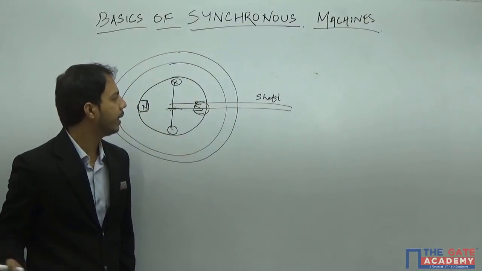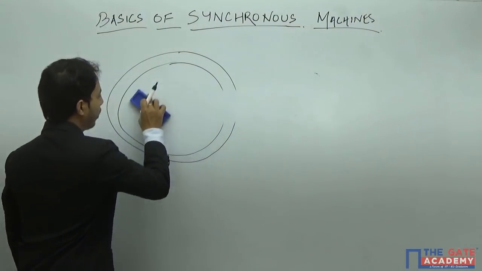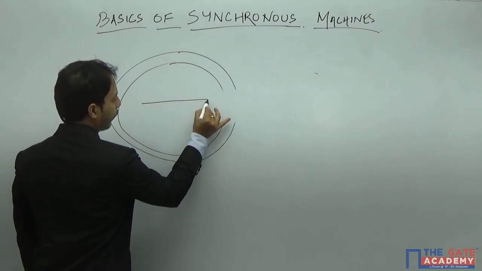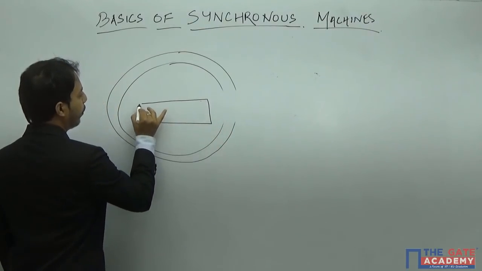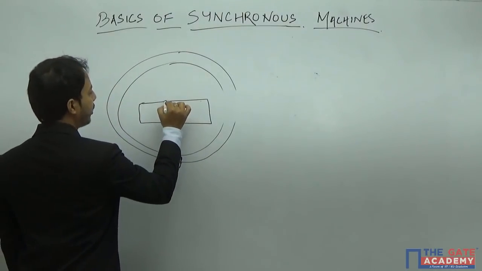Similarly, in the salient pole, what will happen? A visualization of a salient pole will be something like this. This is the basic visualization, it is not actual. I'm just giving you the basic visualization.